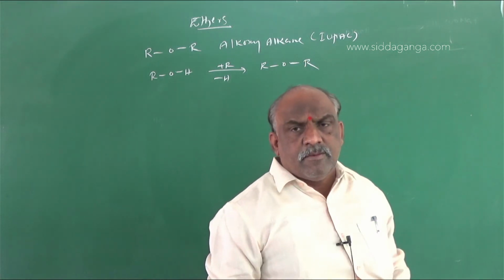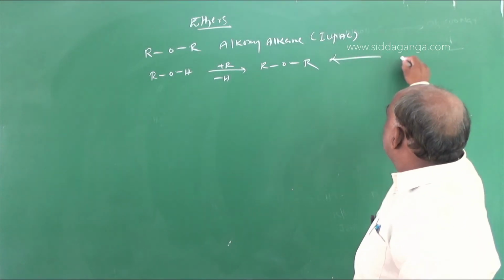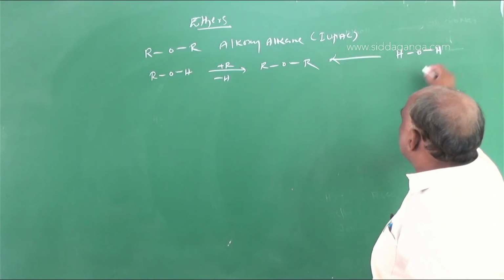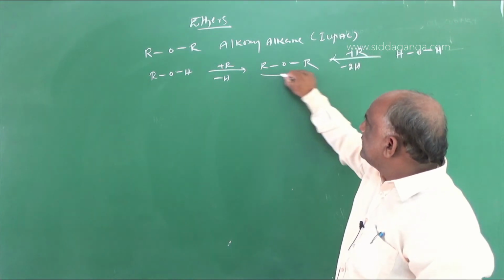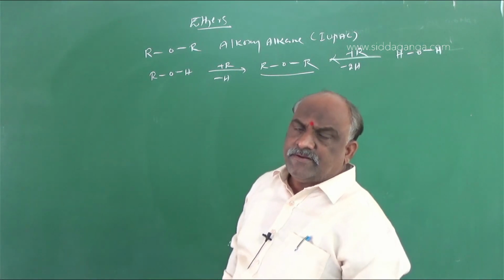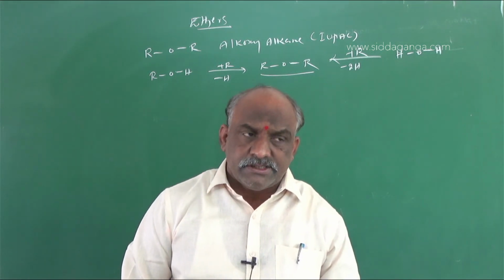Removal of one hydrogen from alcohols gives rise to ethers. HOH is water; removal of 2 hydrogens and substitution of 2 alkyl groups gives ether. Ethers are derivatives of alcohols or water.